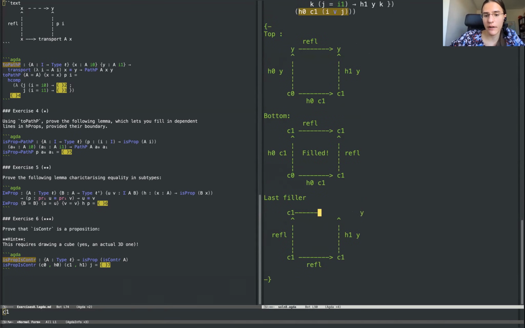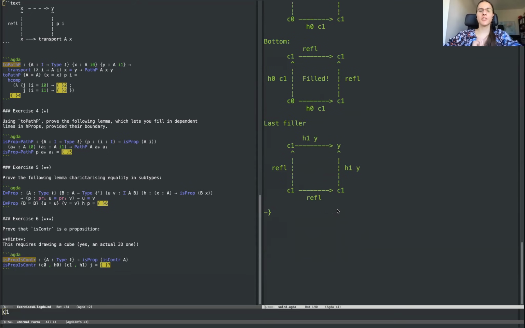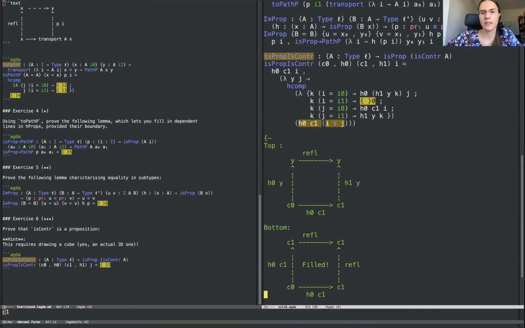But that looks like one of these connections. So we just need to do a bit of cube magic, right? This is great. We're in a great position. This is the last filler. How do I fill this? Well, I'm going to consider the expression h1 of y, and then evaluate it at some expression of k and j, right?